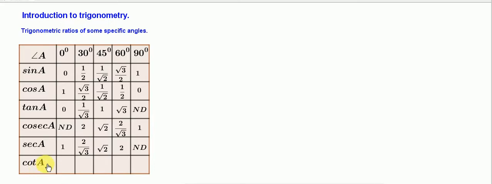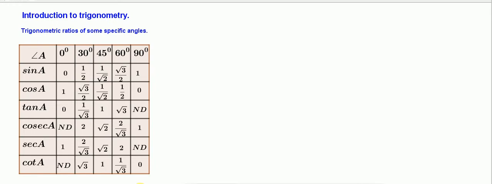Next, cot A is equal to 1 by tan A. Therefore, cot 0 degree to cot 90 degree can be written by taking reciprocals of values from tan 0 degree to tan 90 degree. That is, cot 0 degree is not defined, cot 30 degree root 3, cot 45 degree 1, cot 60 degree 1 by root 3, cot 90 degree is equal to 0.